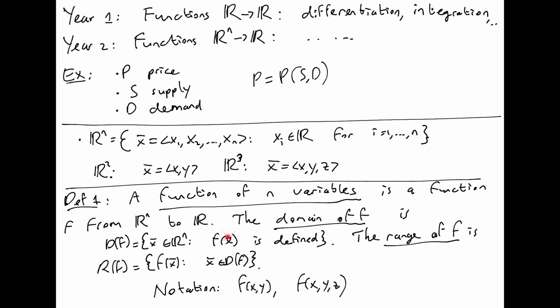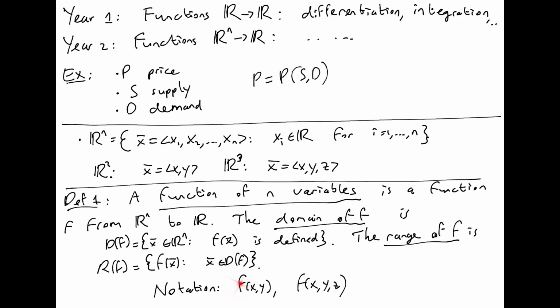We will see an example in a second. And the range of f, which will be denoted by R of f, is defined by all the values f of x bar, where x bar ranges over the domain. So we plug all possible values of the domain into the function, and then we collect all those numbers, and that will be the range.